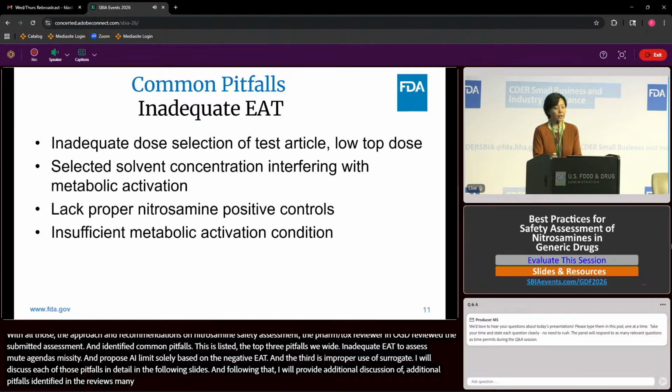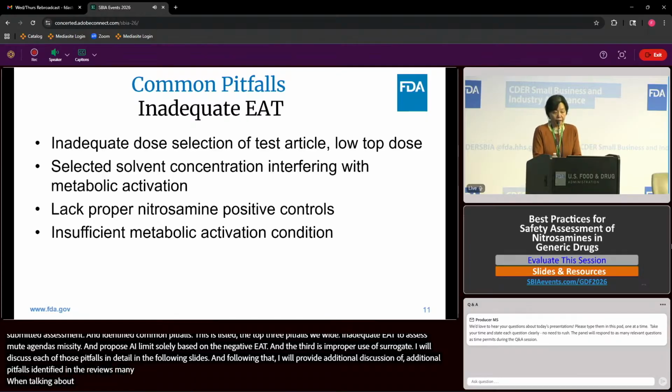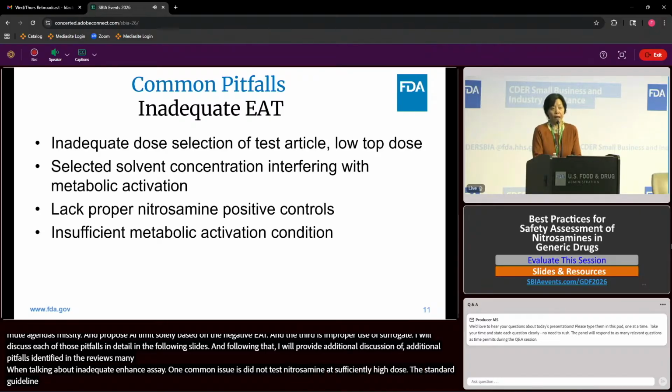When talking about inadequate enhanced Ames assay, one common issue is not testing the nitrosamine at a sufficiently high dose. The standard guideline recommends testing up to 5,000 microgram per plate if the test article does not cause severe toxicity.